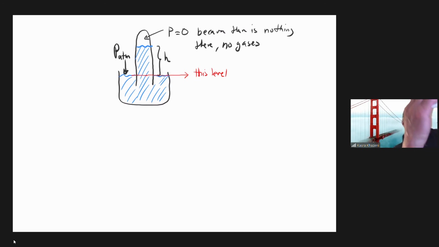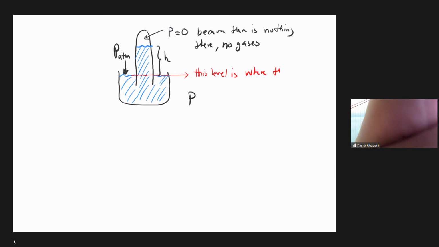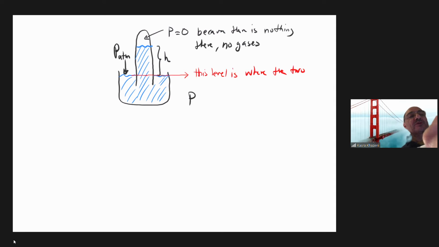The pressure of the column of the mercury at that point is equal to the pressure of the atmosphere, meaning the mercury column is equal to P of atmosphere.